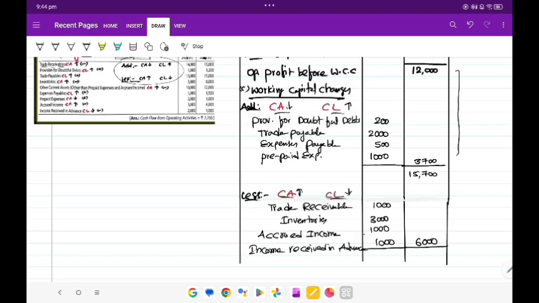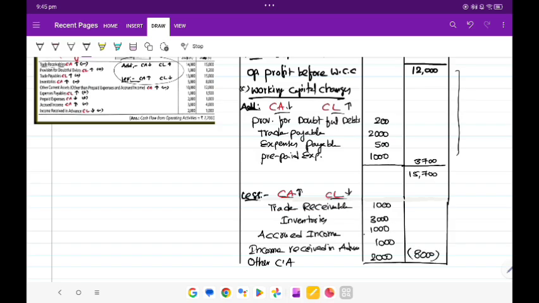One more item is missing here. Yes, I have found it: other current assets is 2,000. The total of these values is 1,000 plus 3,000 plus 1,000 plus 1,000 plus 2,000, which is 8,000.